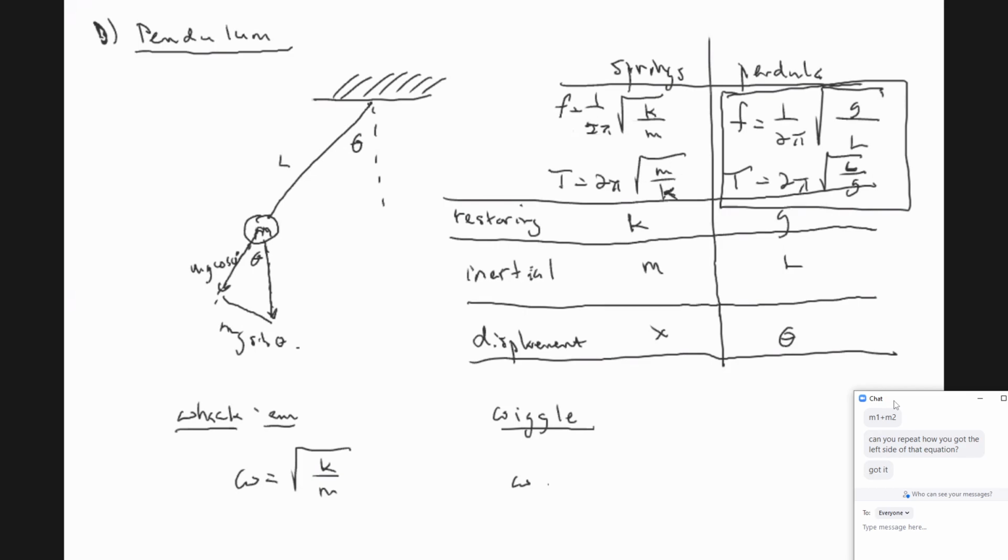Omega is equal to the square root of g over L. And to find the linear frequency, all you do is set that equal to 2 pi f to find the translation back. This is L, this is m. So whack 'em and wiggle. This is basically your periodic motion.